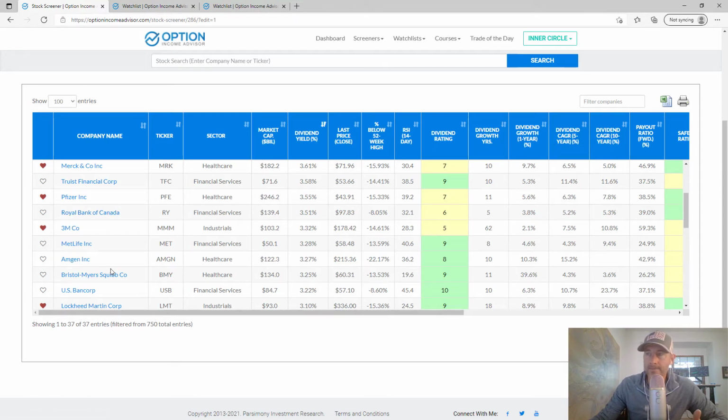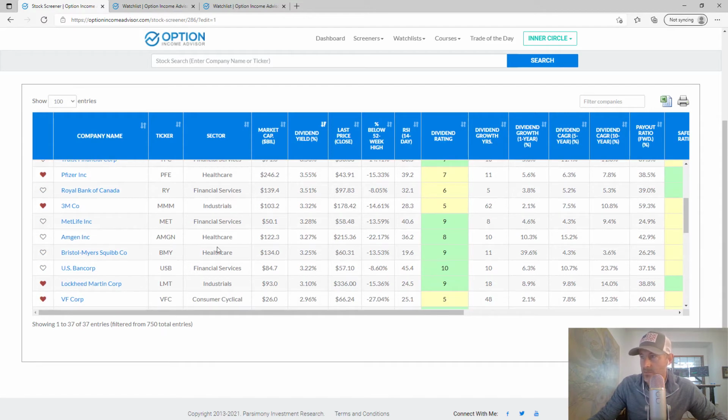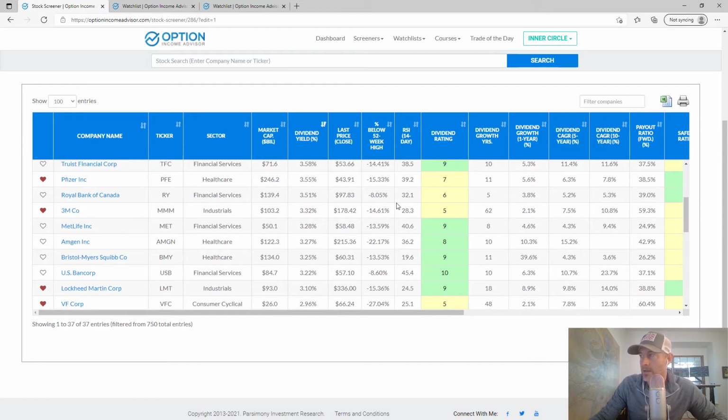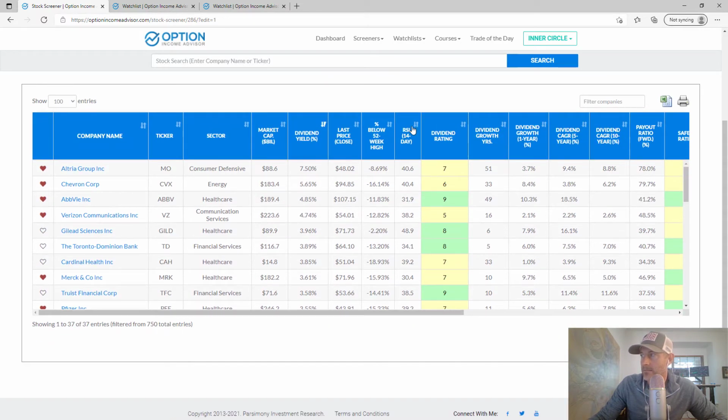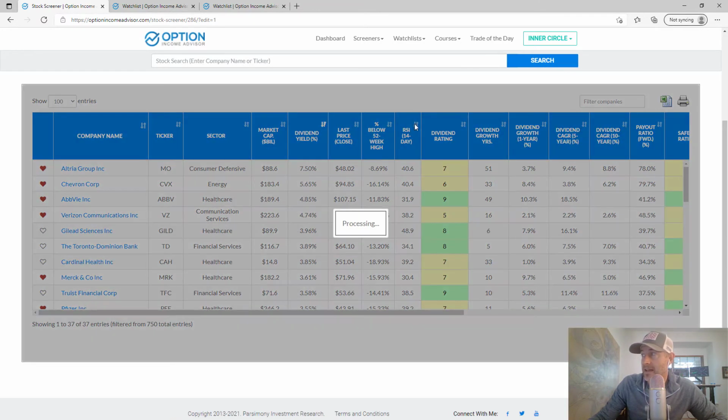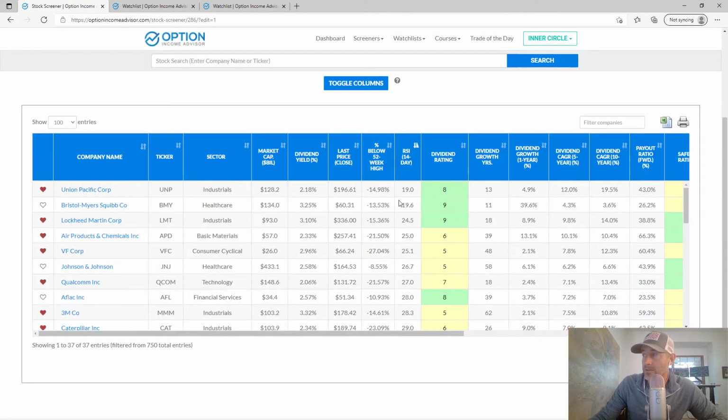So once you've got this list created, let me just show you how easy it is. So Bristol Myers, for example, and you can sort this list. So maybe we're looking at stocks that have a low RSI, for example, right? So we can sort RSI from lowest to highest, and in theory, an RSI is a relative strength metric that when you're under 30, it shows that it's in an oversold situation.